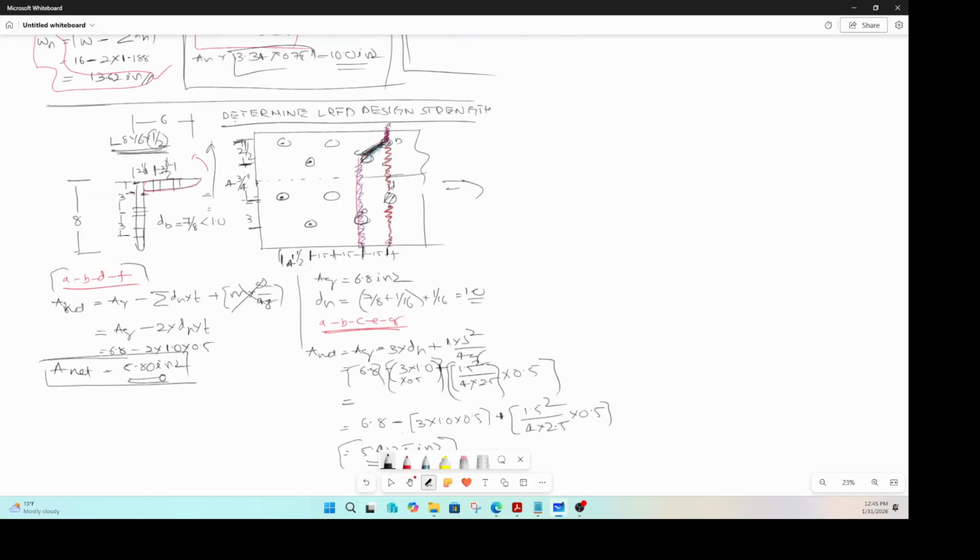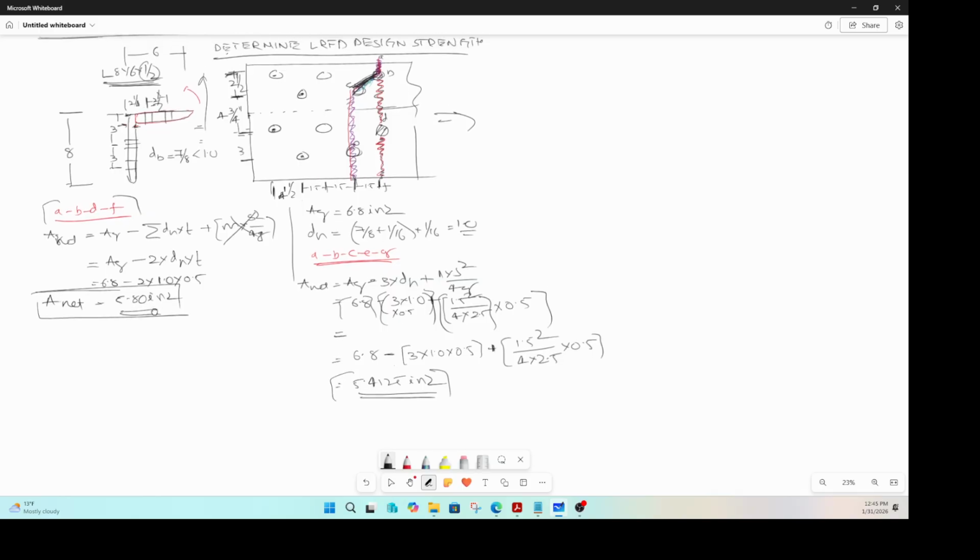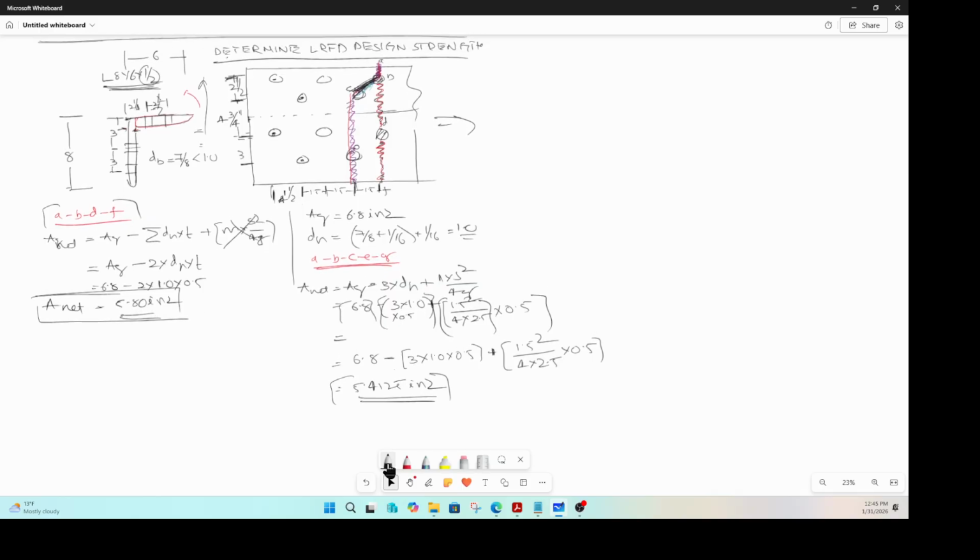So the net area part is easy, but there is one additional detail here that we need to consider, that is very important. If you see this path here, A, B, C, E, G, when this happens, that path is only taking the load of, let's say this is P, P times 9 by 10.